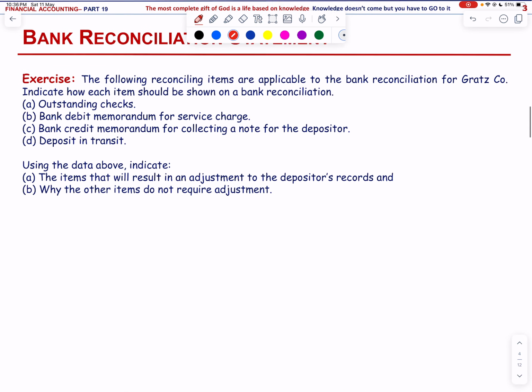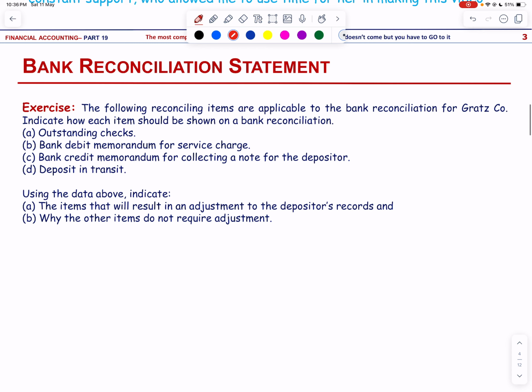So let us look into the first exercise. The following reconciling items are applicable to the bank reconciliation for Graz company. Indicate how each item should be shown on a bank reconciliation. Outstanding checks are going to be deducted from the cash balance per book.